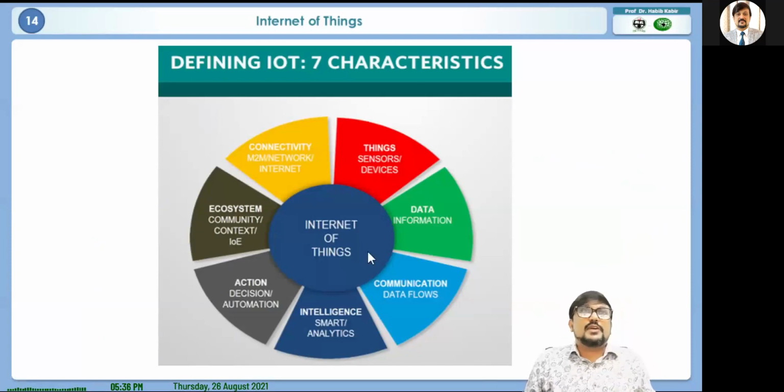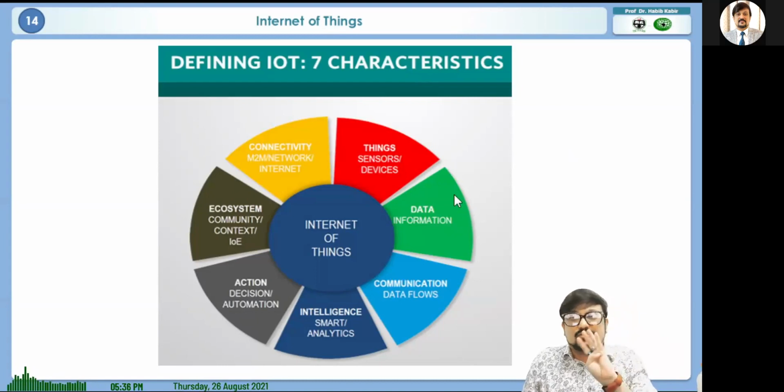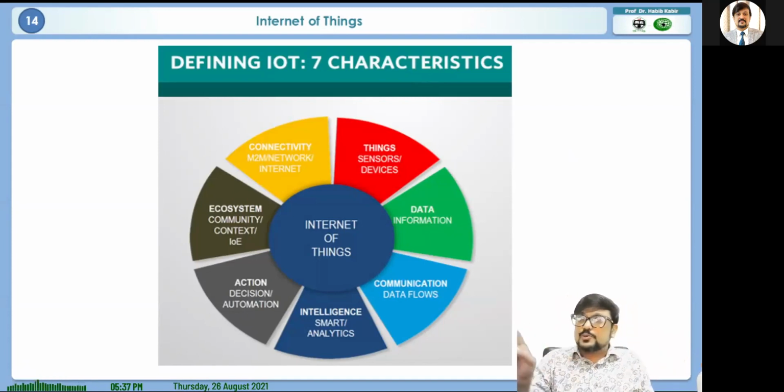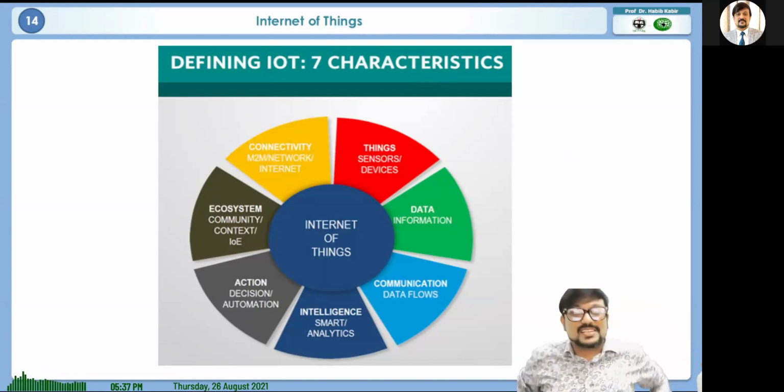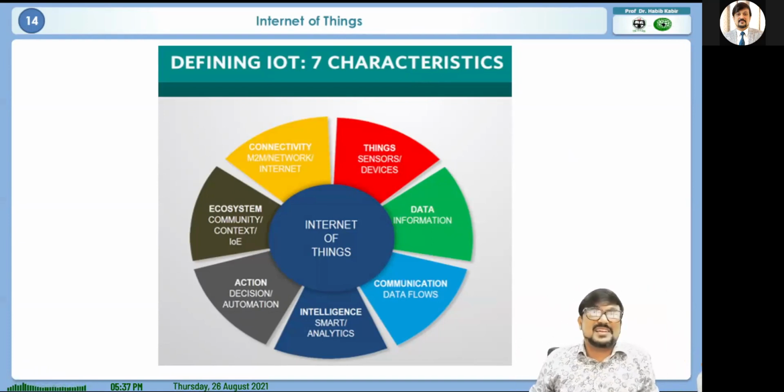I'll give a very small glimpse of IoT again, so that the latecomers can join. Even today we have only 3 questions. My aim is not to answer the questions, rather follow my topic, write down the answer, and up to 7:30, after the Maghrib, you can put those questions and answers. Please follow my lecture, because I am also excited to show this kind of thing to you.